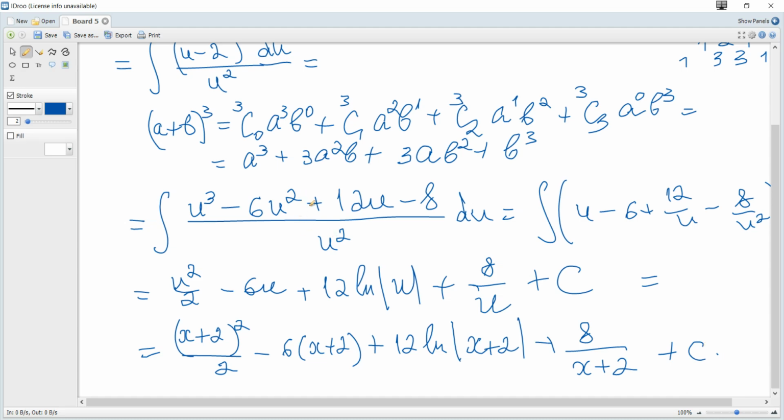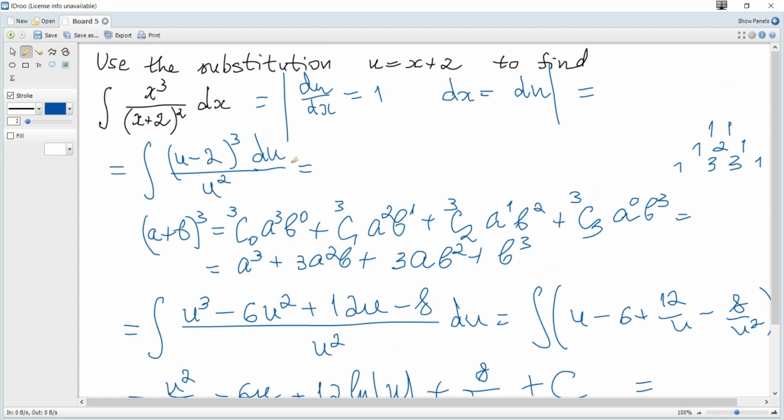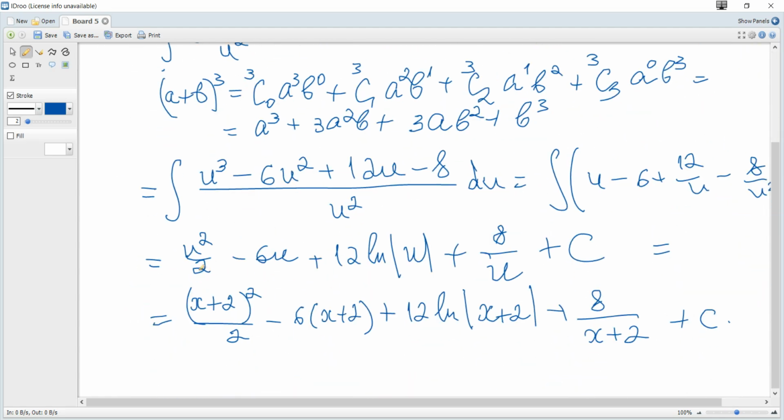If it's a definite integral, if there are limits, you should also get limits in terms of u, and then at this step you substitute limits in terms of u and just calculate.